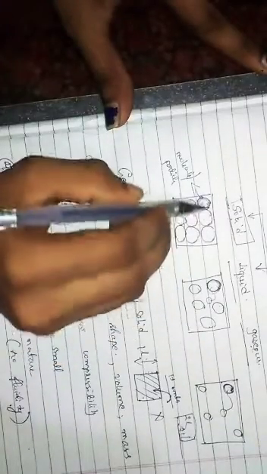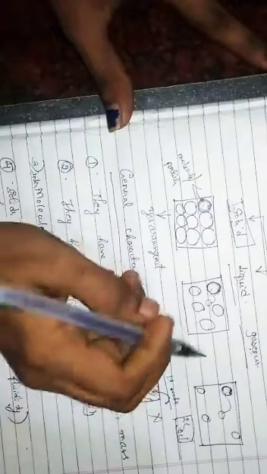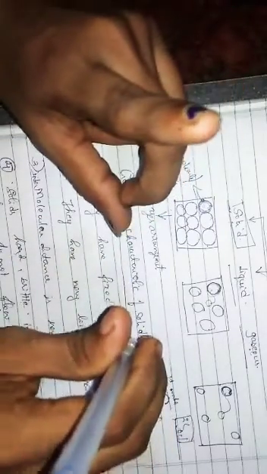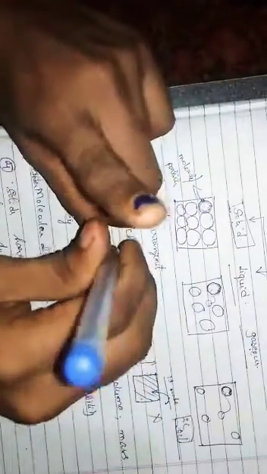And the last point we have is that since the molecules are fixed to a certain position, they cannot move, right? If you consider my hand, my finger and this pen are the constituent molecules in a solid, and they cannot move, right?